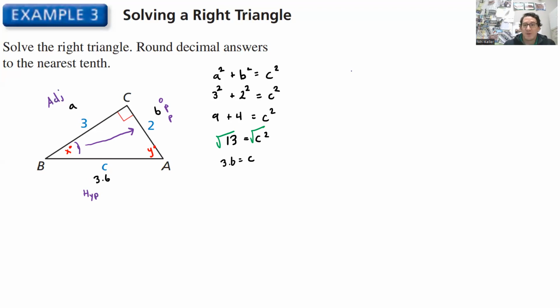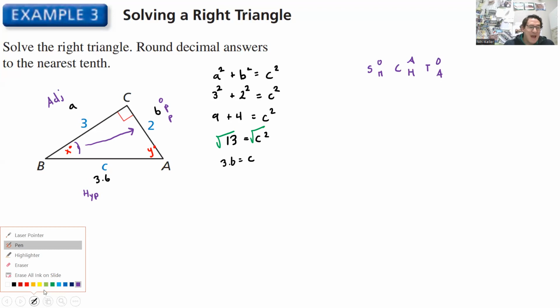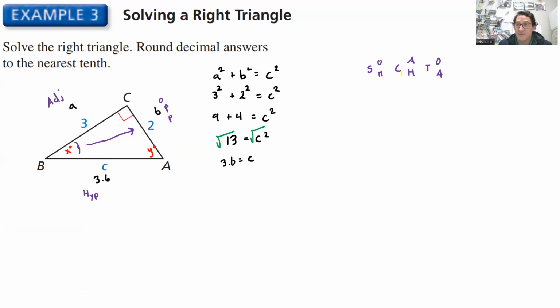Now to find X, I'm going to use SOHCAHTOA. It doesn't actually matter which side length, since I know all three side lengths. It doesn't matter which trig function I use, but I'm going to use the ones with whole numbers. So I'm going to use 2, which is the opposite side.